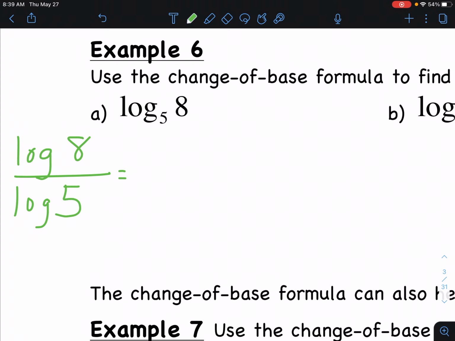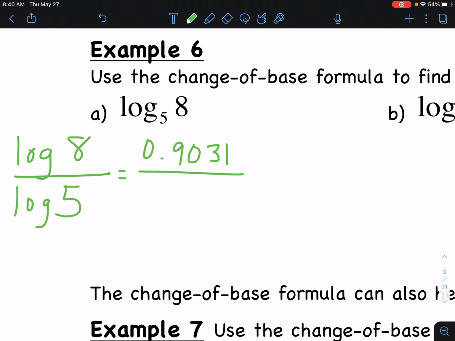So log of 8 divided by log of 5, just put them in your calculator separately. I'm hitting in my calculator right now log of 8, and that gives me 0.9031. Go with 4 decimal places, please.